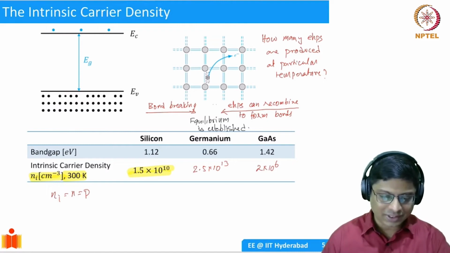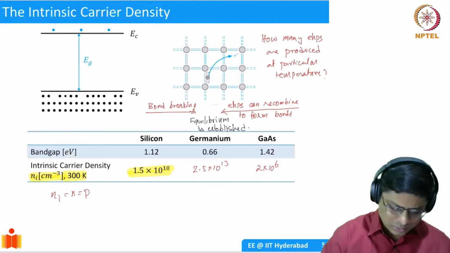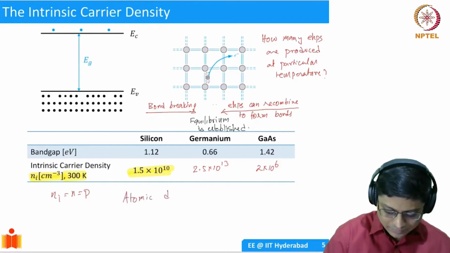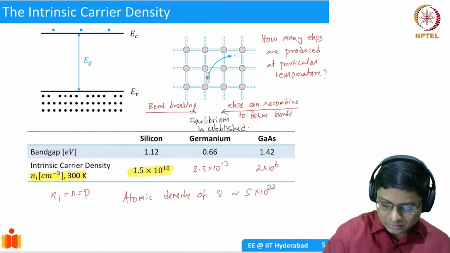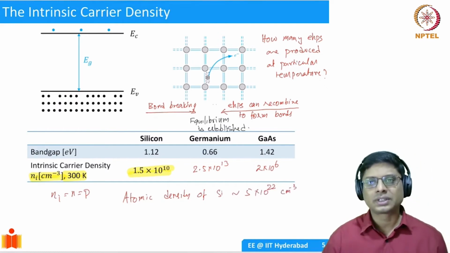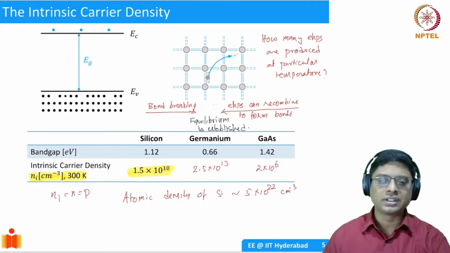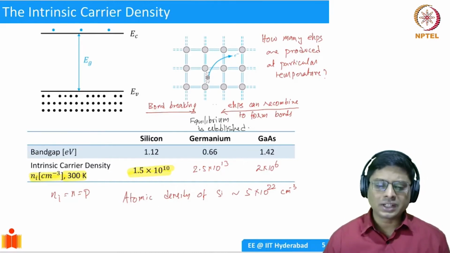The atomic density for silicon, if you remember from lecture 2 or 3, is approximately 5 into 10 power 22 per centimeter cube. So in a centimeter cube, you have about 10 power 22 atoms, and out of which 10 power 10 of them are forming electron hole pairs. So it is not actually a whole lot. You should remember that.